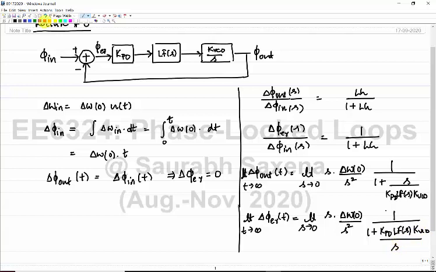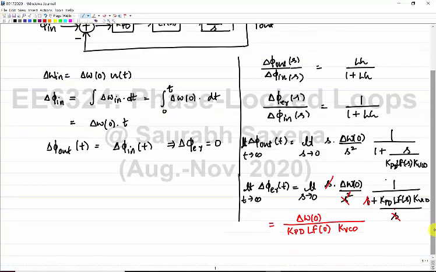So for the same change in the frequency, we see that this cancels out, right? And s multiplies inside, so this will cancel out, this goes away. So what you are having is, if I just look at it, delta omega of 0 divided by KPD times loop filter of 0 times KVCO. Is this correct? Okay, this is the value as t tends to infinity.